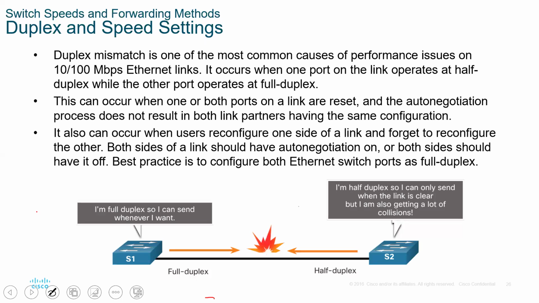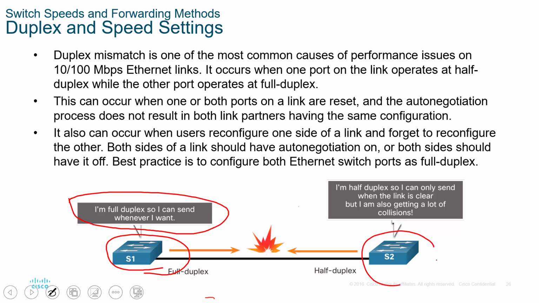So you have switch one, for instance, saying I am full duplex and I can send whatever I want, while switch two on the other side is saying I am half duplex, so I can only send when the link is clear, but I'm also getting a lot of collisions. When you have that, you know there's a problem.